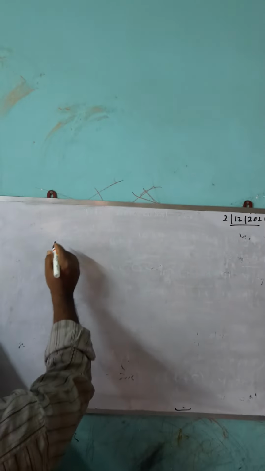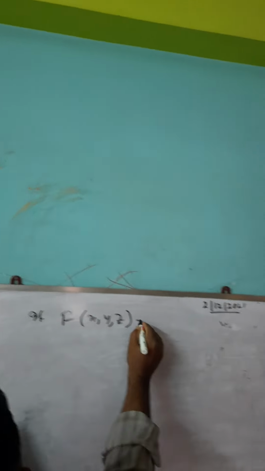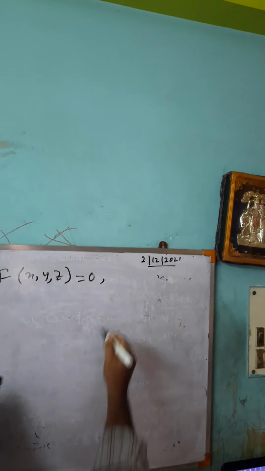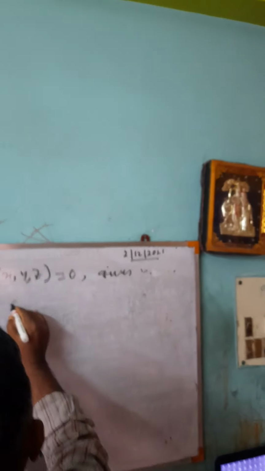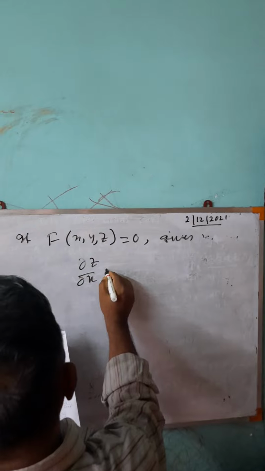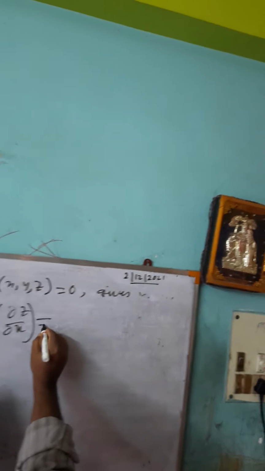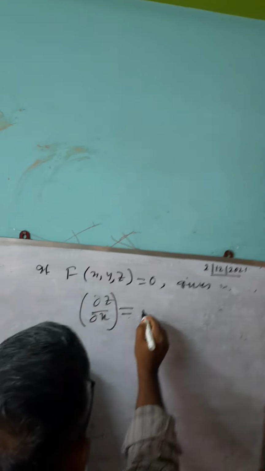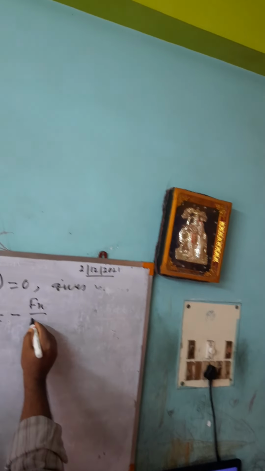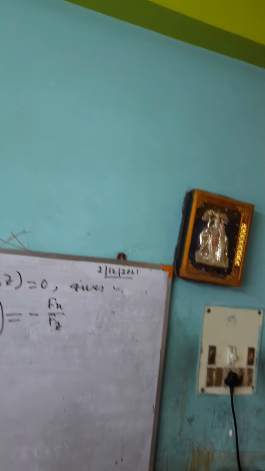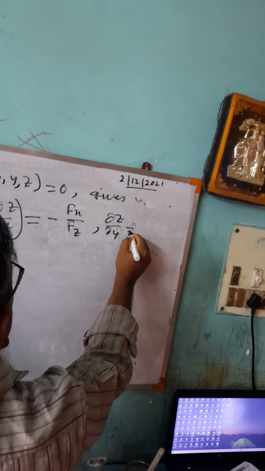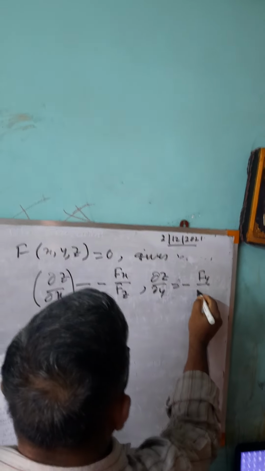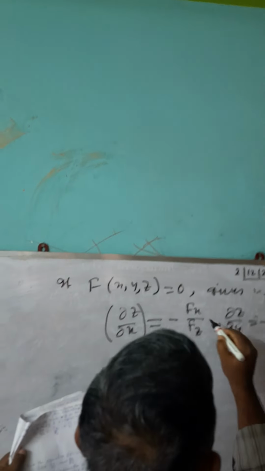If f(x,y,z) equals 0, then del z by del x equals minus fx by fz, and del z by del y equals minus fy by fz.